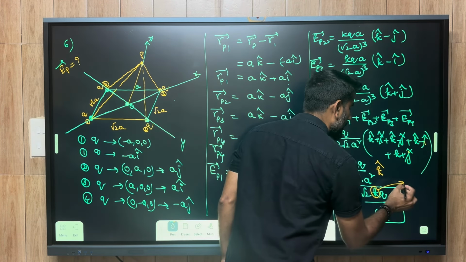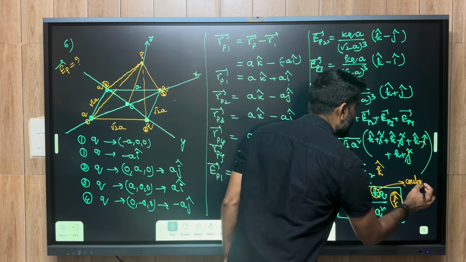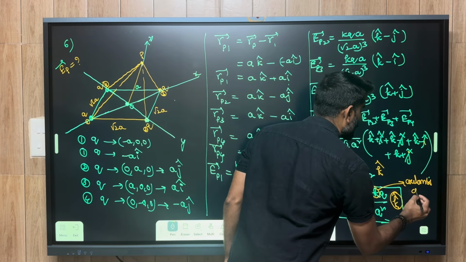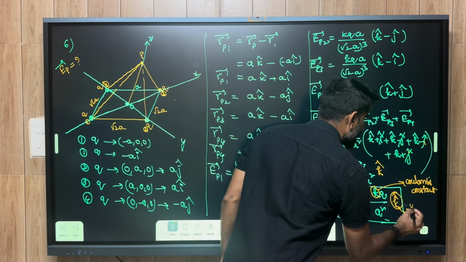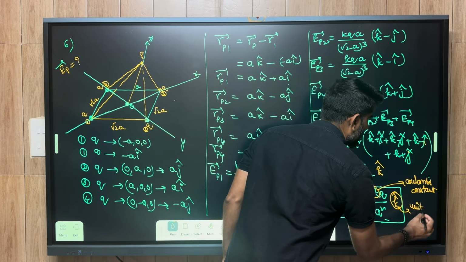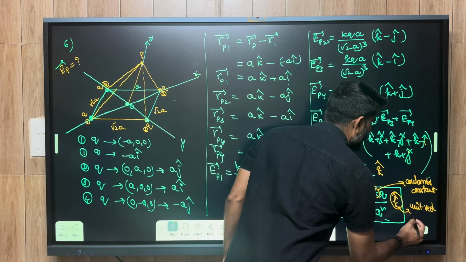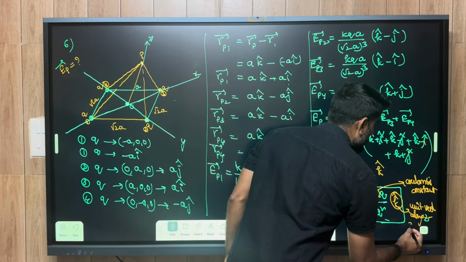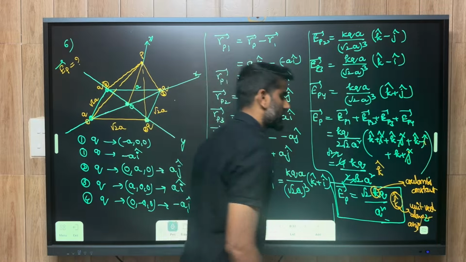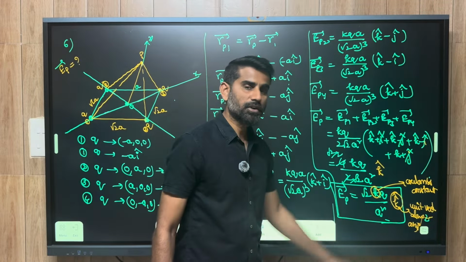This small k is Coulomb's constant, and this k cap is the unit vector along the z axis, so these two are different quantities.